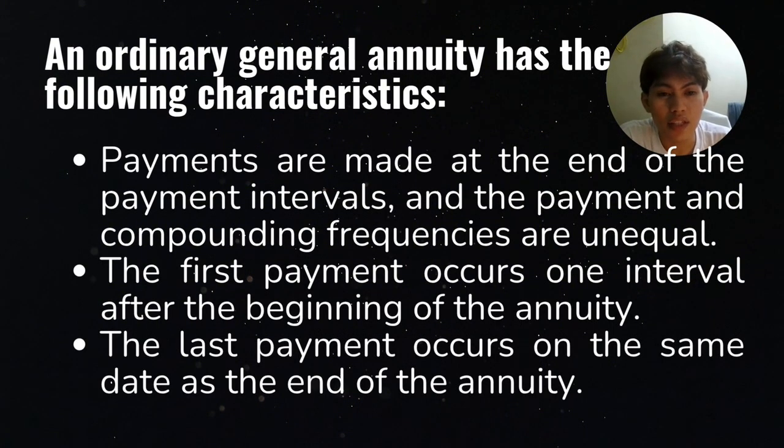Since general annuity due and simple annuity due share common characteristics, the general ordinary annuity and the simple ordinary annuity also share the same characteristics. It's just that both of those general annuities have unequal payment periods and compounding periods.